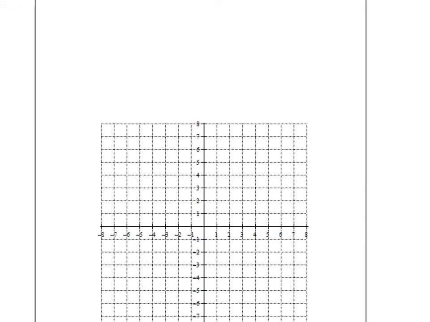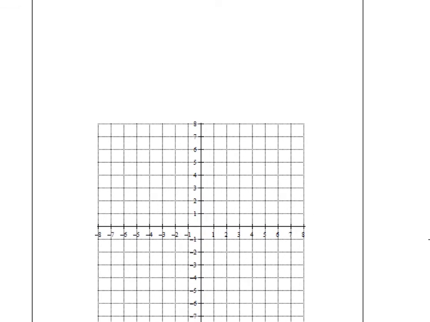So now let's look at it. We have g of x is equal to 2 times the square root of -x plus 1, minus 3. So I'm going to look at the left side, and then I'm going to work my way in. So first part, we have a vertical dilation by a factor of 2.